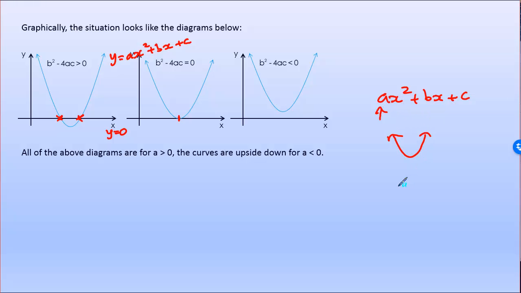If a is negative, it goes the other way. It's sad. This is actually called concave down. So if we drew those on there, you just get this. So we've got the two roots. Here it would just touch. So you've got the one root or two coincident roots. And here it would miss altogether.